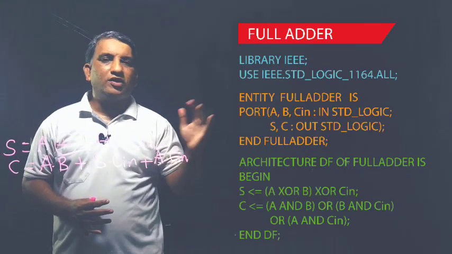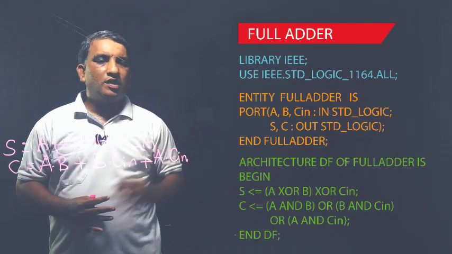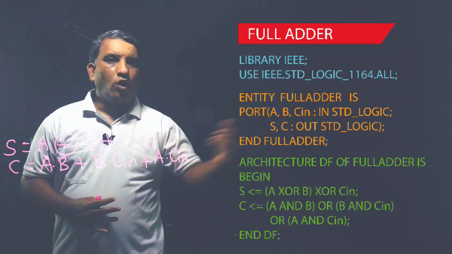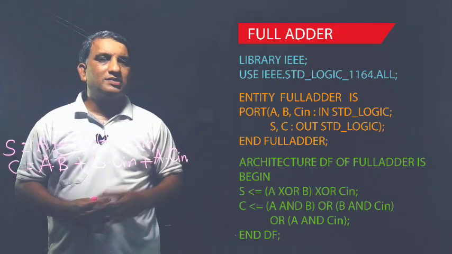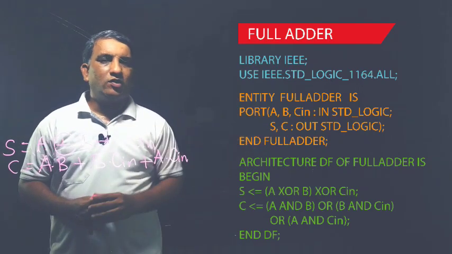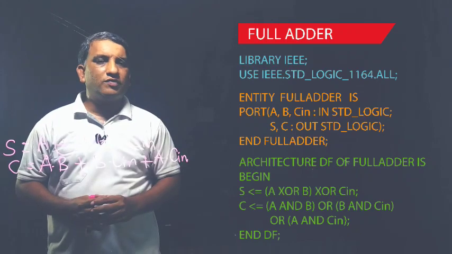So that's why in first bracket I will use A and B, then ORed with B and C in, और थर्ड टर्म है हमारे पास A and C in, and then after semicolon.